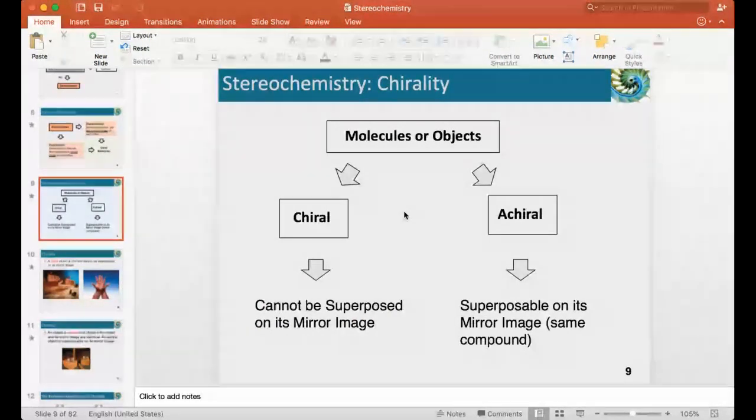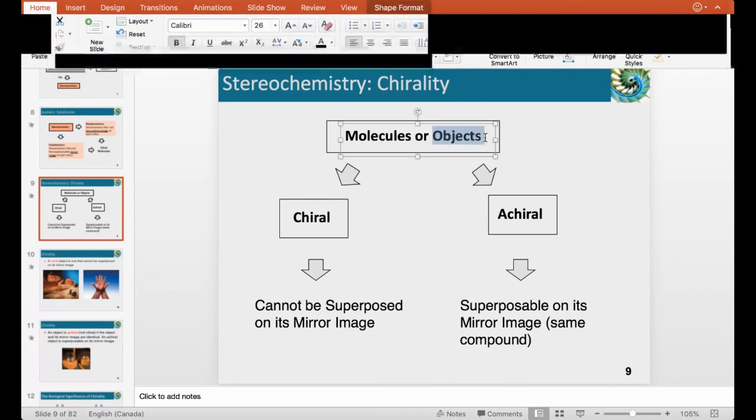Before we were talking about isomers and different types of isomers. Now I'm just focusing on something much more global. So we can classify every single molecule in the world as chiral or achiral. Chirality is such a big concept in science and in chemistry.